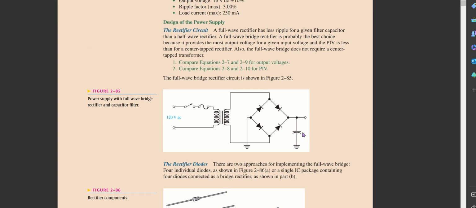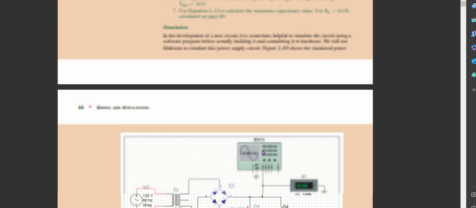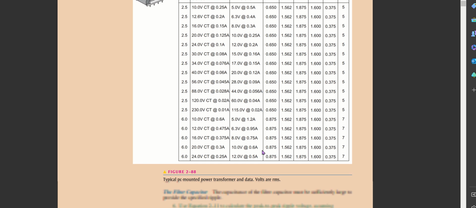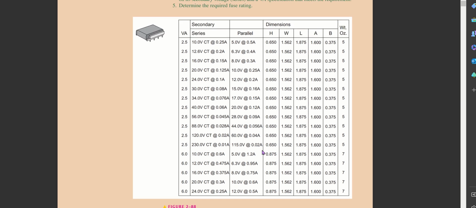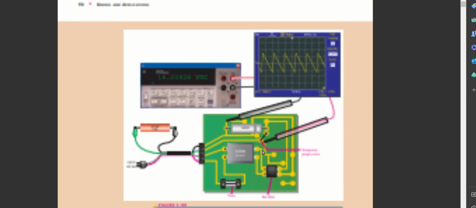This is a capacitor that would cause ripples like this in the oscilloscope where we connect it to view the wave. And this is a data sheet for the diode. The data sheets are used to find the maximum amount of current that could go through a diode and the maximum amount of voltage that a diode can bear, and it is necessary to learn how to read a data sheet.